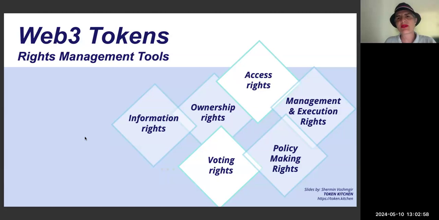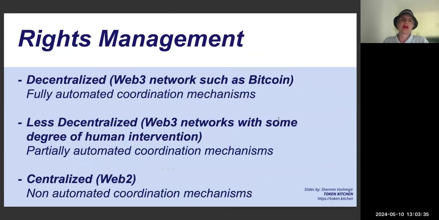Basically, a token can represent any type of right, not only property rights or ownership rights in the form of assets, but also access rights, voting rights, information rights, policy making rights, any type of executive right, etc. We've had these rights management systems in the analog world and in the digital world, but what makes Web3 tokens unique is that they're publicly verifiable because they're managed by public blockchain networks, by a public infrastructure.